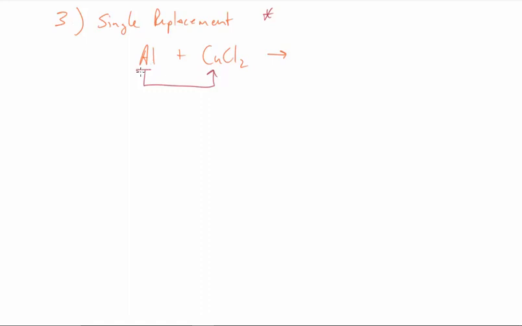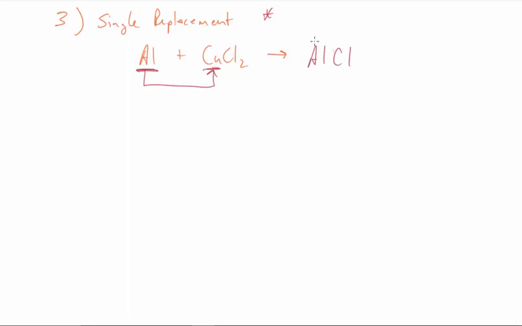So in this particular case, my aluminum must be more reactive than my copper in order for this reaction to occur, and the only way I can do that is if I check the reactivity series that I will have as a reference. So I'll go ahead and tell you, in this particular case, aluminum is more reactive than copper, so I come over and I'm going to write AlCl.